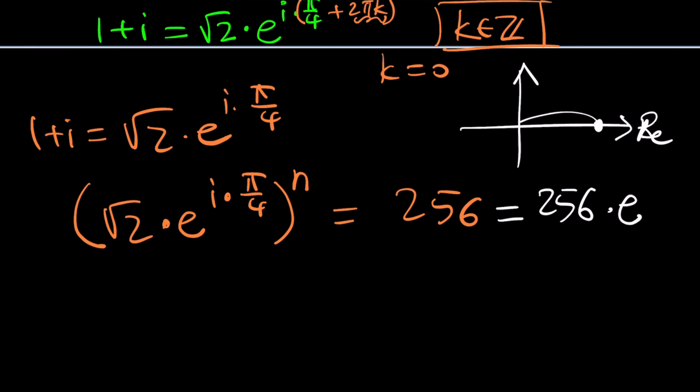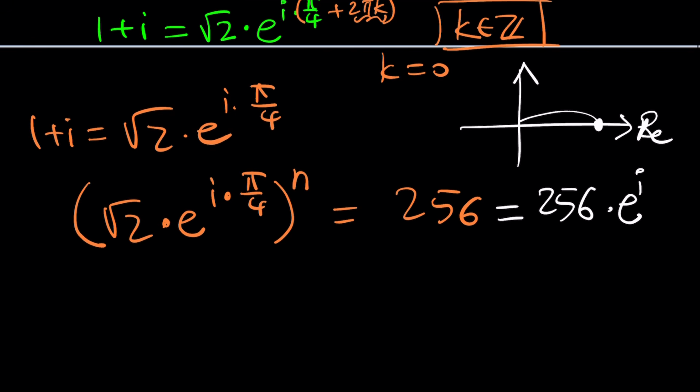Wait a minute. In this case, you need to add the 2 pi, because you're going to need to divide in this case. So we're going to write it as e to the power i times 2 pi k. Okay? Now, what happens if k is 0? We get 256. If k is 1, we get e to the power i times 2 pi, which is, again, 1. So it's kind of like the complexified version of 1.